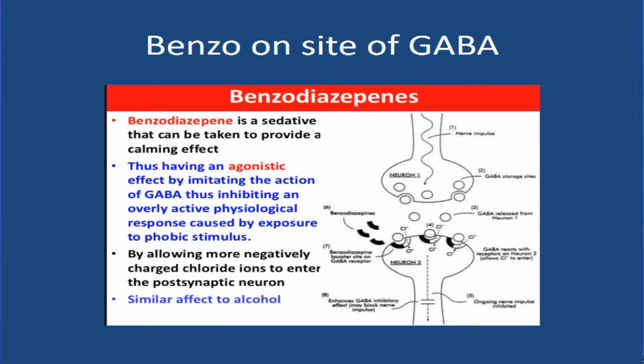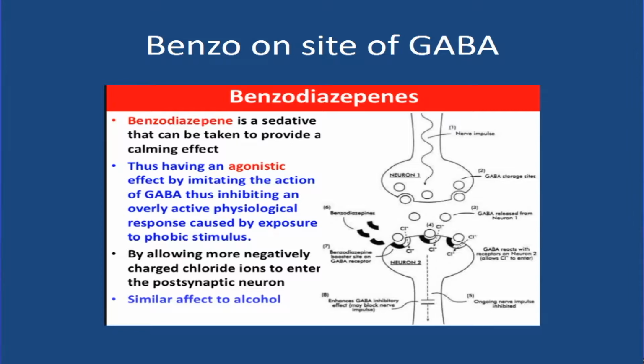The benzo diagram here on GABA is showing that the sedative effect can be taken to provide a calming effect, thus having an agonistic effect by imitating the action of GABA, thus inhibiting an overly active physiological response caused by exposure to phobic stimuli.